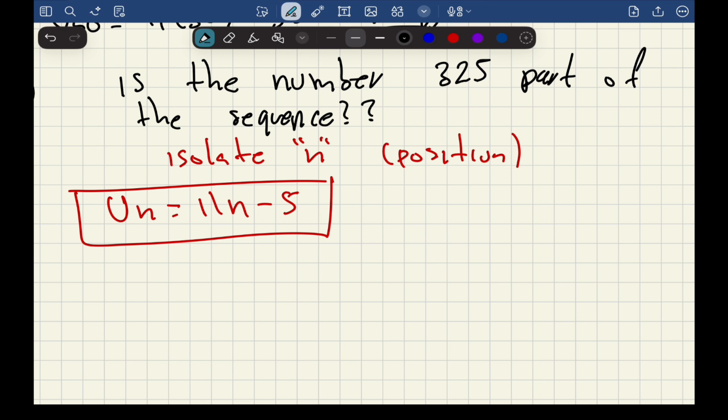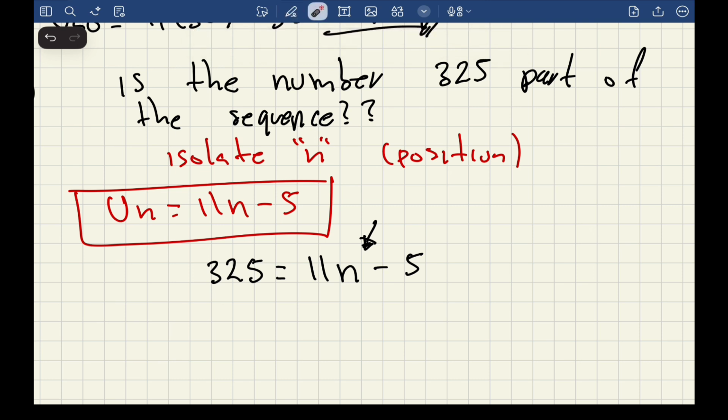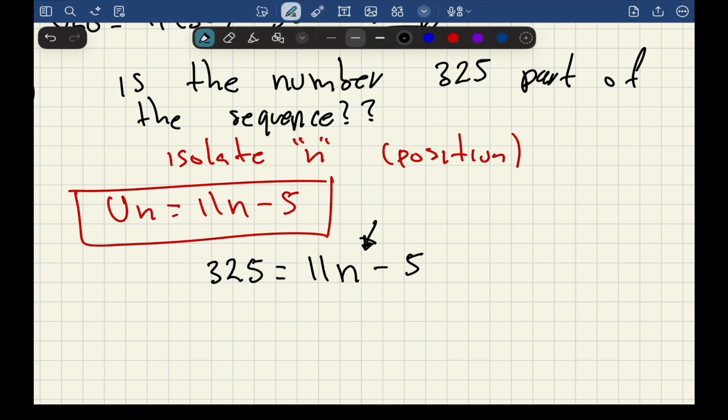So to show this in an equation, we have the number 325 equals 11 times n minus 5, but we don't have the position. So we need to isolate n by using the opposite operation. If this is a subtraction, we are going to move the negative 5 using the opposite operation, an addition. 325 plus 5 equals 11n.